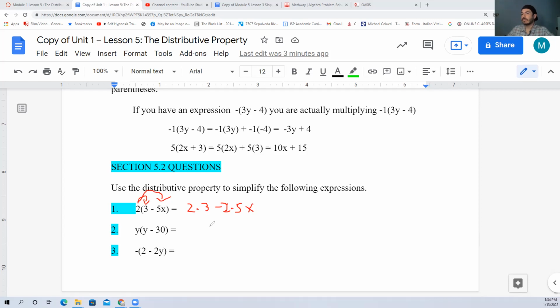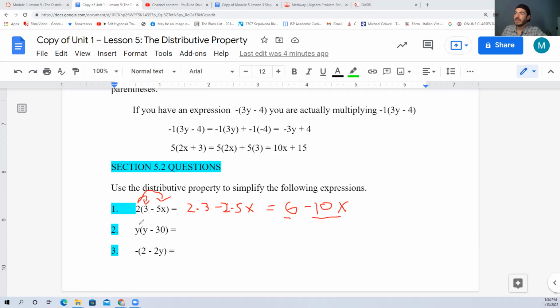I can't combine like terms when I'm adding and subtracting. It's an important distinction, okay? So 2 times 3 is 6. I have a -2 and a +5, that's 10x. And then I'm done. That doesn't become -4x, okay? You cannot combine the 6 and the -10x. They're different terms. You cannot combine unlike terms through addition and subtraction, okay?